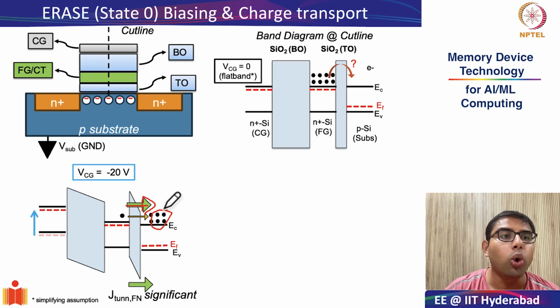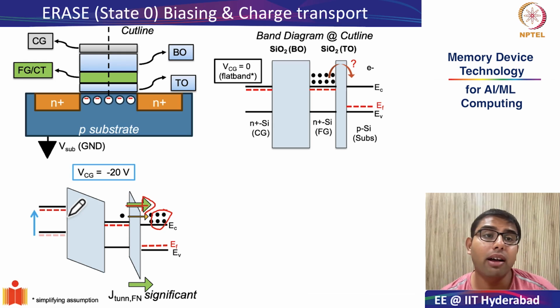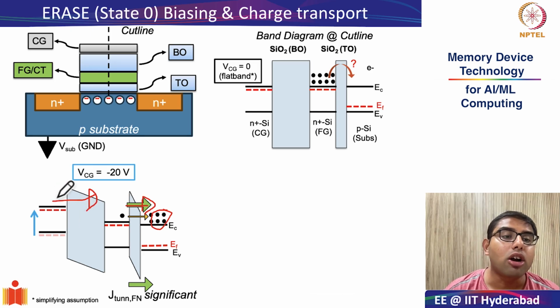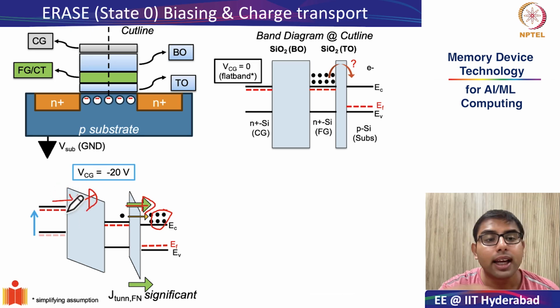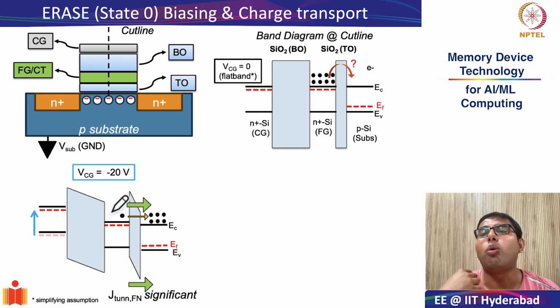Again, it is important to note that because the blocking oxide is very large, roughly 15 nanometers thick, this prevents any significant Fowler-Nordheim tunneling from the control gate into the floating gate region. So that is prevented. Therefore, there is only one-way transport of electrons from the floating gate into the channel region.